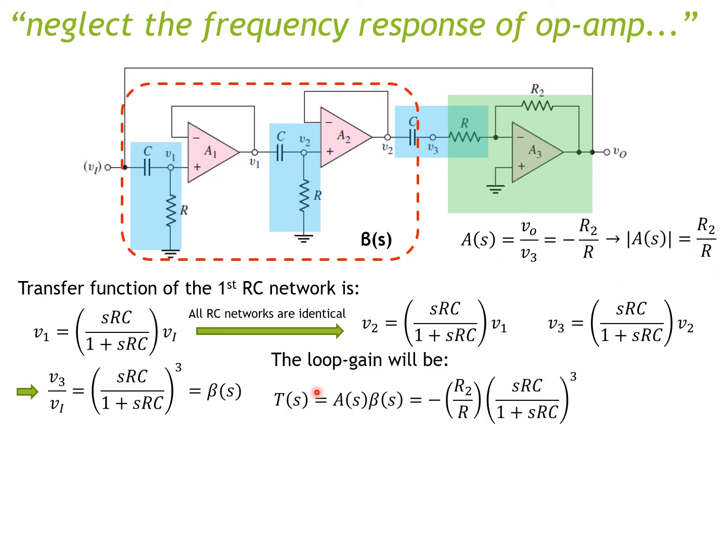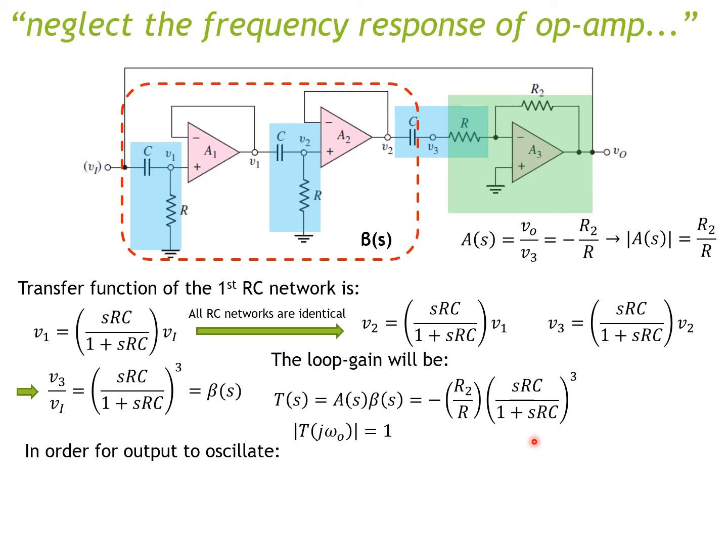So now we have the loop gain T(s) equal to the open loop gain multiplied by beta, right? So we have this term come over here, only take the magnitude. We have this.